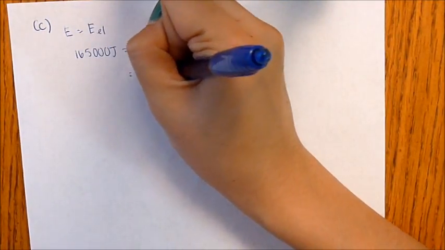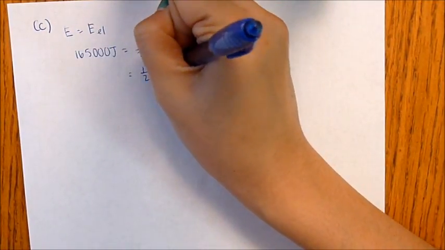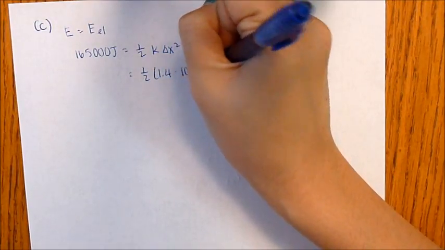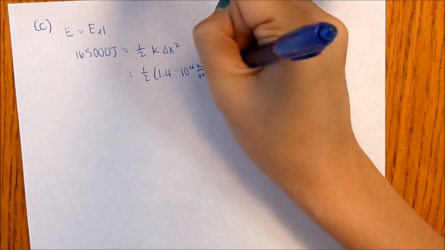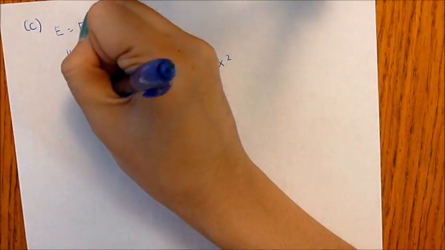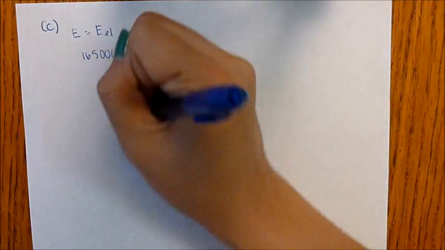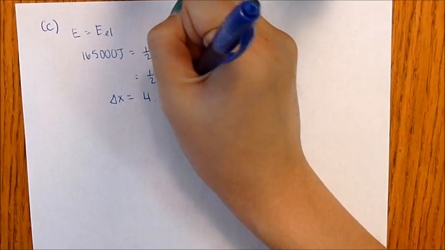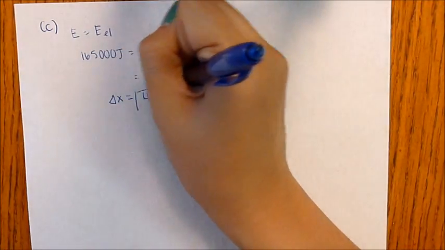You know that k is equal to 1.4 times 10 to the 4th newtons per meter. We're looking for change in x squared. When you solve that all out, the change in x comes out to be 4.85 meters.